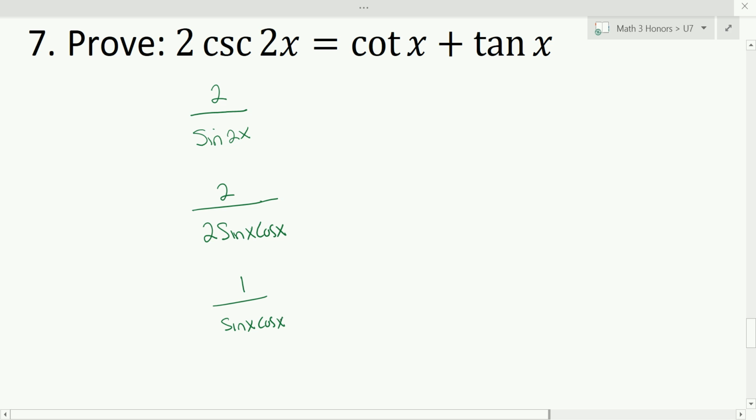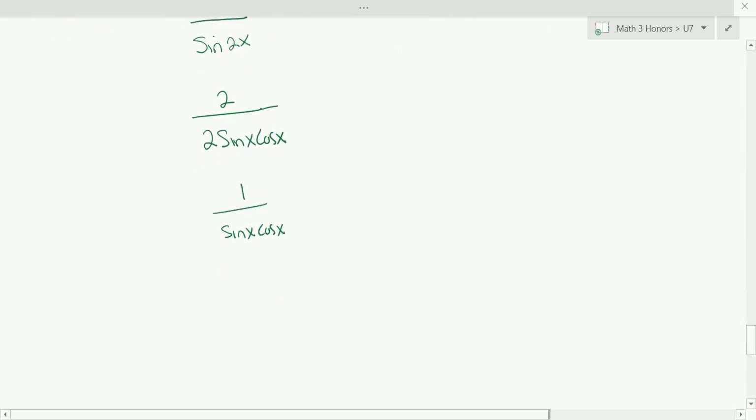And then the question is, well, how do we get from that to cotangent plus tangent? But for those of us that get stuck here, what's a good hint? For someone that's stuck here, they're like, okay, I know how to get here, but don't know how to go further. What should they do? So how did you do it? Okay.